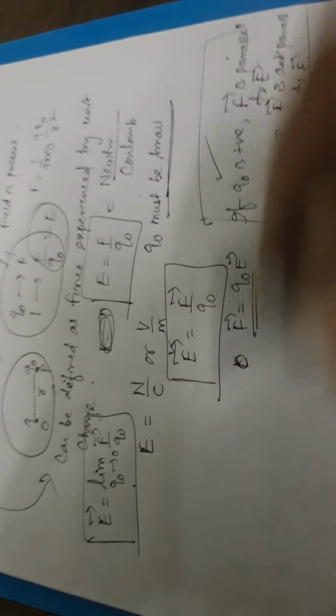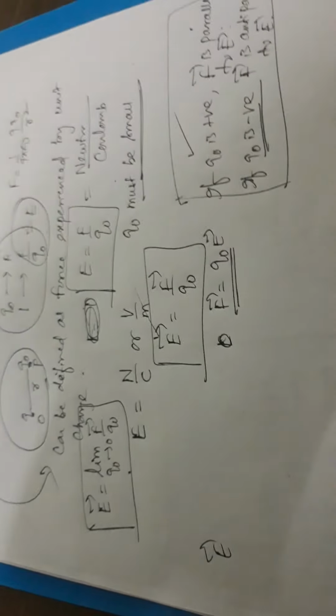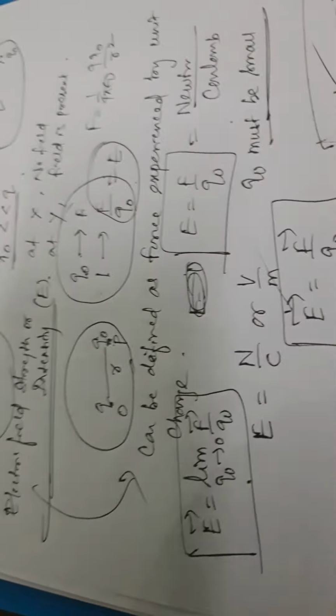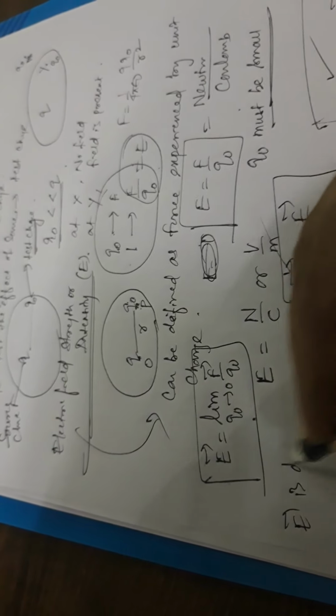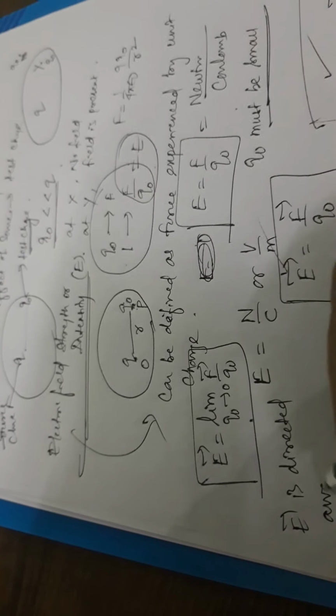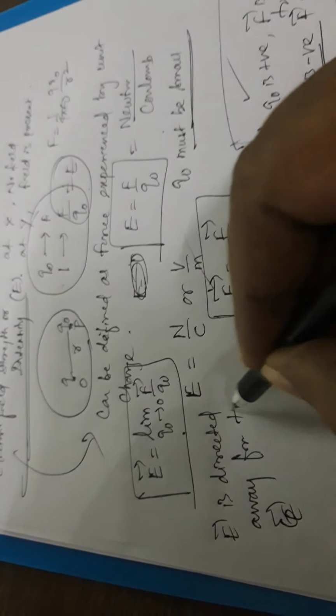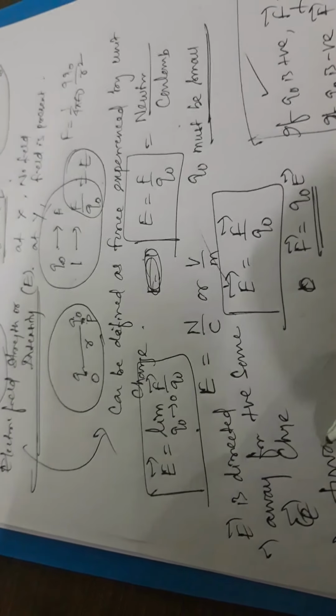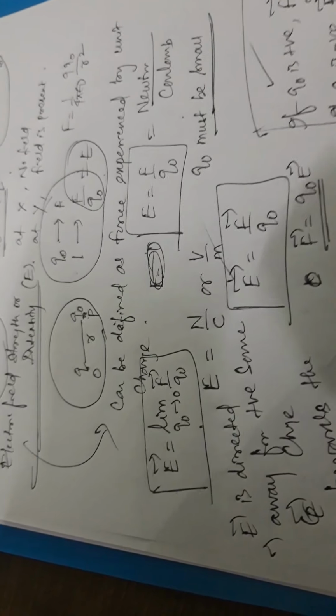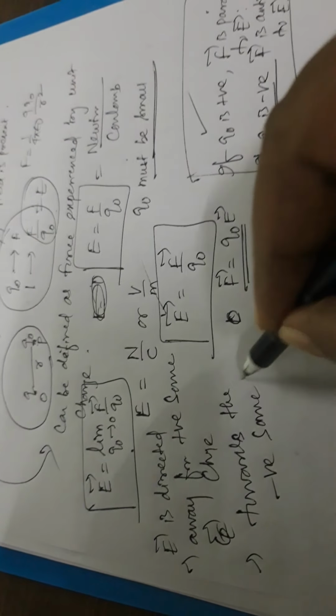But for electric field, since electric field is a vector, electric field is directed away from positive source charge and towards the negative source charge.